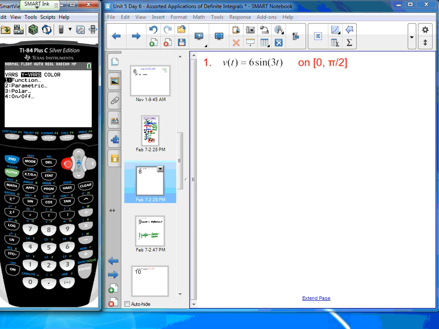Oh no, I can't do that. I'm in pretty print. We want 0 to pi over 2. All kinds of issues today. Bars. Y bars, function y1.